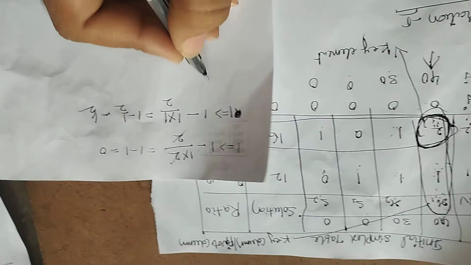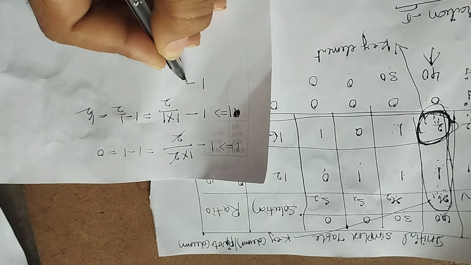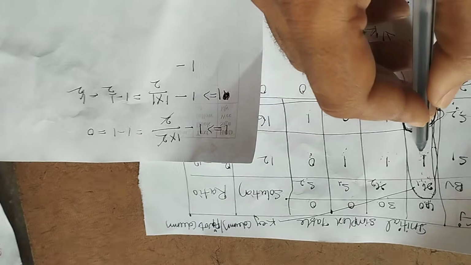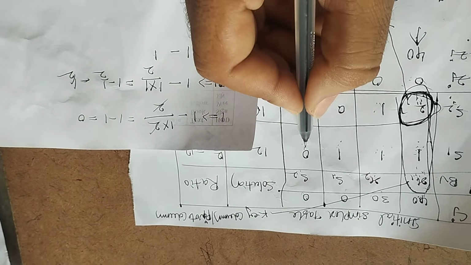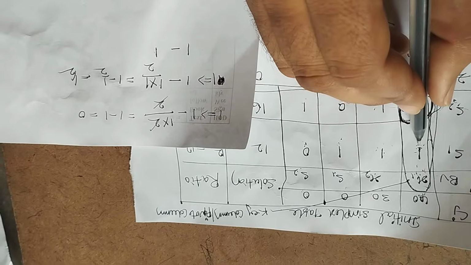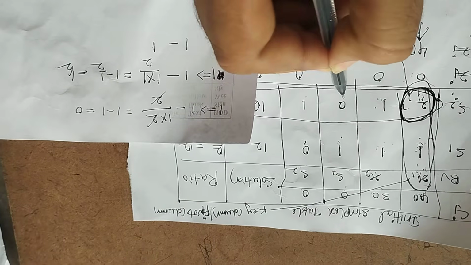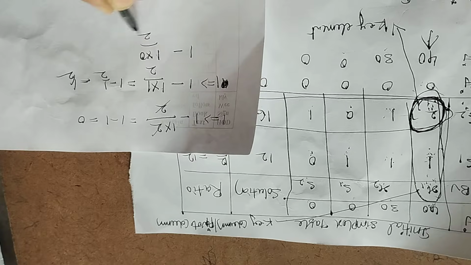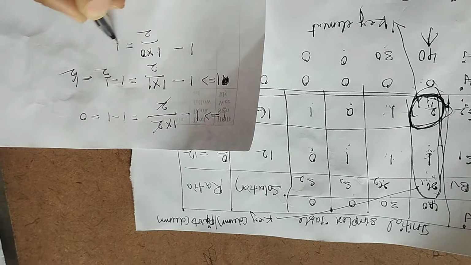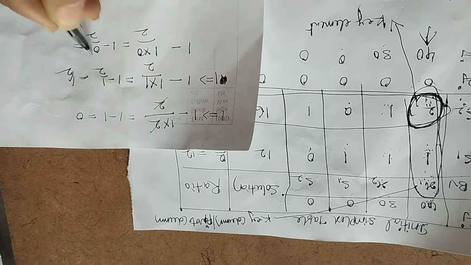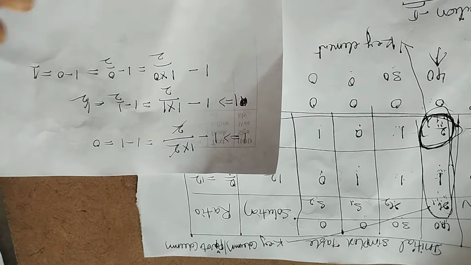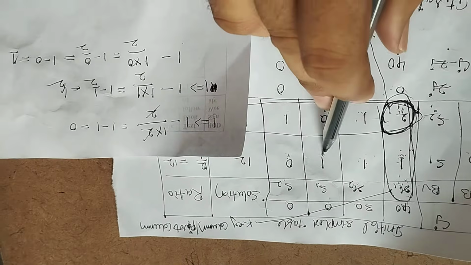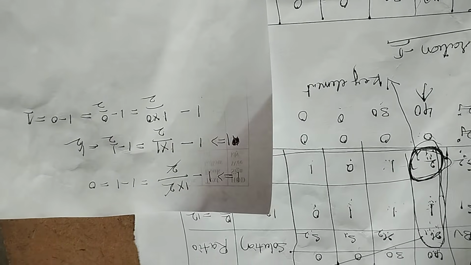Old value 1 minus corresponding key column value 1 into corresponding key row value 0 divided by 2, that is 1 minus 0 by 2. 0 by 2 is 0, and 1 minus 0 is 1. Write the value 1 here.